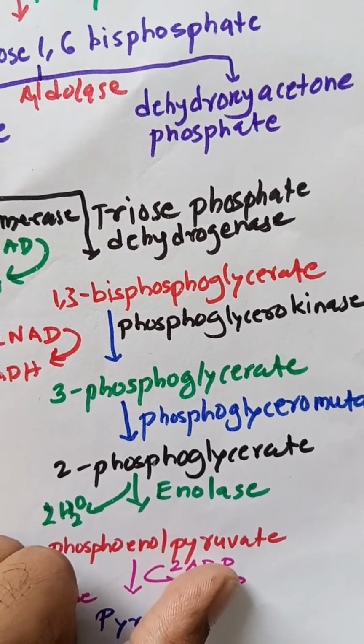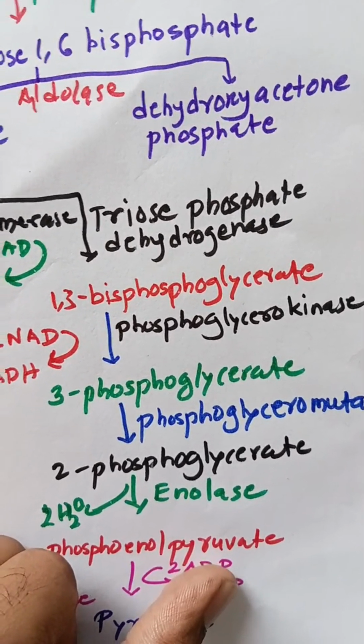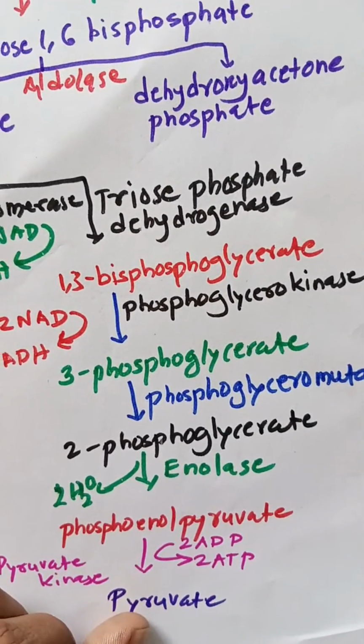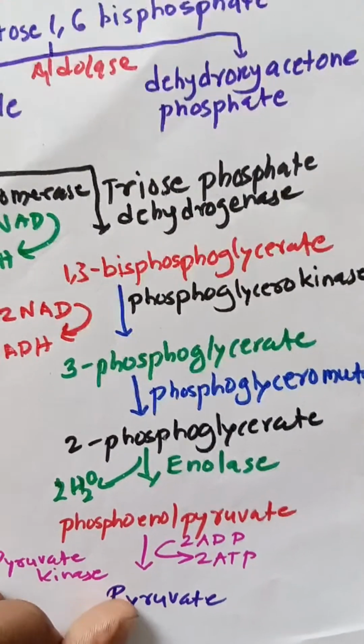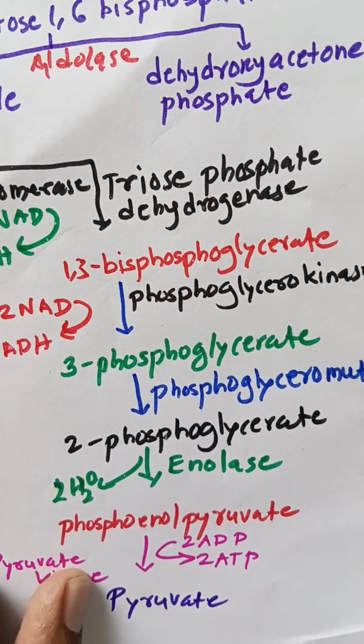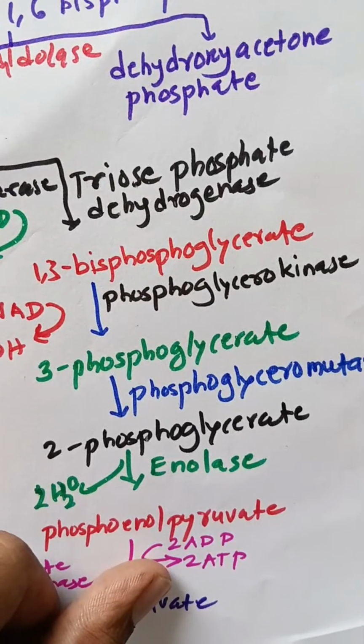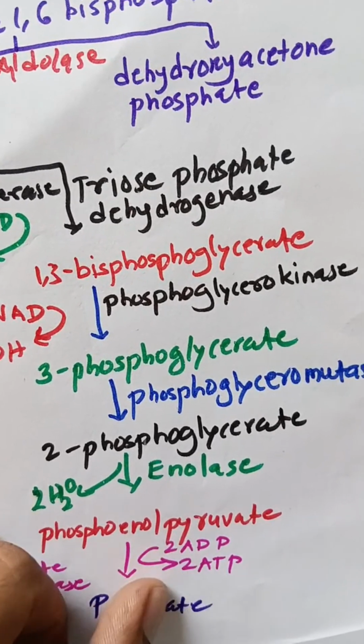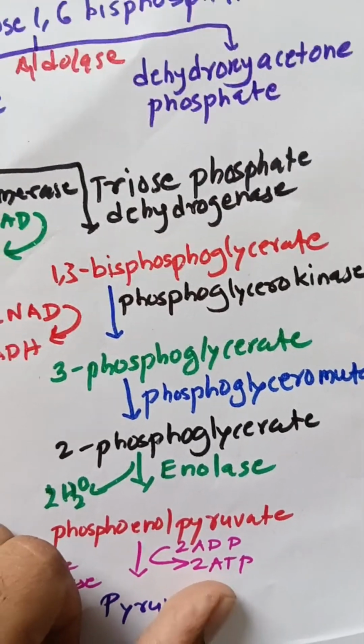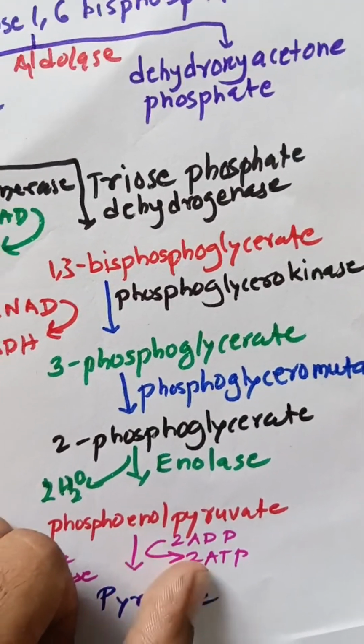You have to go to Kuwait. And he said that I'm giving you money for that. 2 units of money he gave. So 2 ADP convert to 2 ATP. Energy is gained.